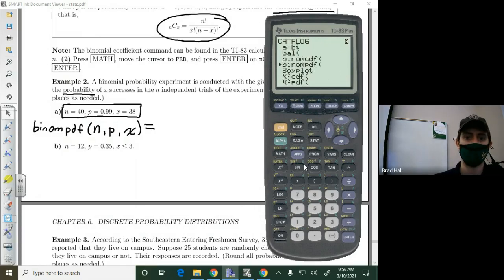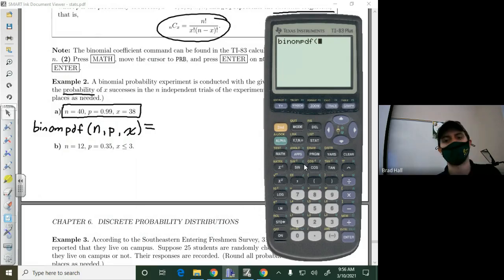Once you find Binom PDF, this represents the binomial probability distribution function. So once you press enter on that, this should be on your screen. All these people not typing these into your calculators right now, I'm just going to trust that you can figure it out at some point.